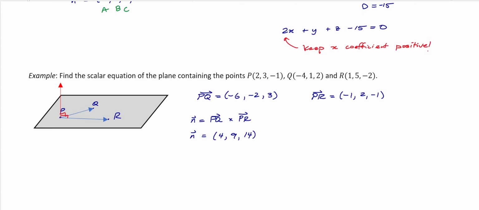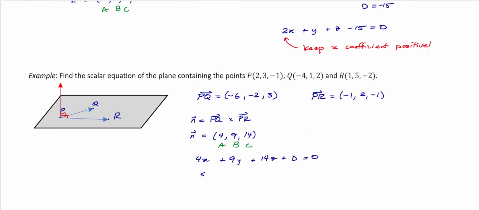Okay, now I have A, B, and C, so I can write this out. I apologize, 4x plus 9y plus 14z plus d is equal to 0.